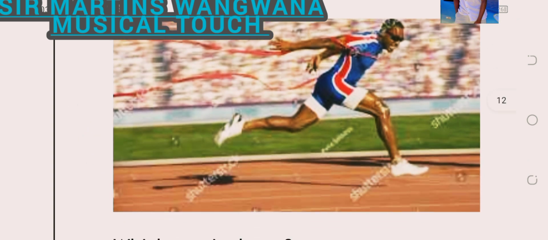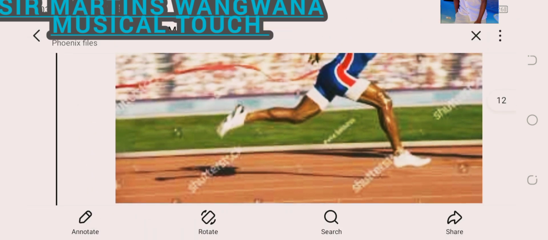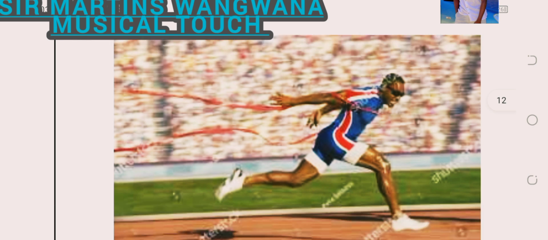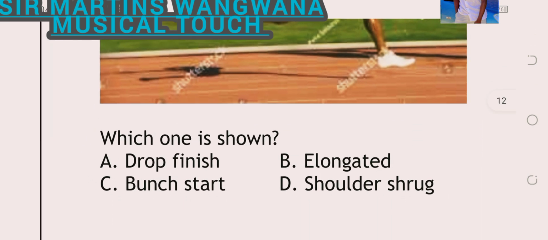Number 49, during athletics, learners observed a finishing technique as shown below. Let's observe it for once. Look at the way it is. So the question is, which one is shown? This one is drop finish.